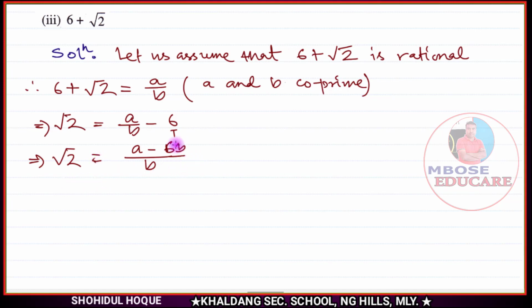Alright, here we can do one thing. a and b are integers.